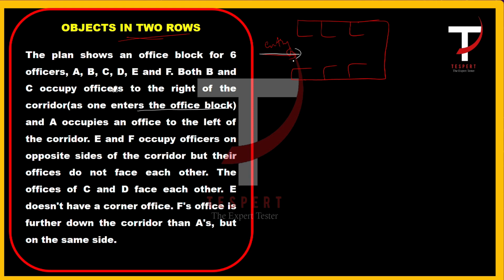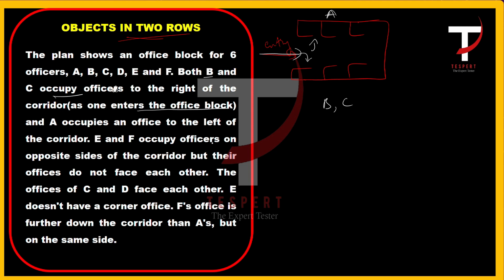So as one enters like this, right side will be here and left side will be here. B and C will be on this side. A occupies an office to the left of the corridor, so A must be on this side.